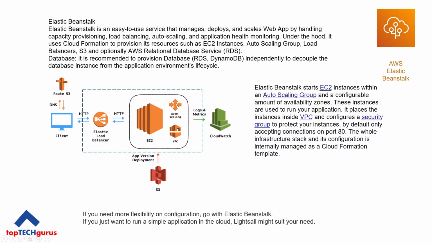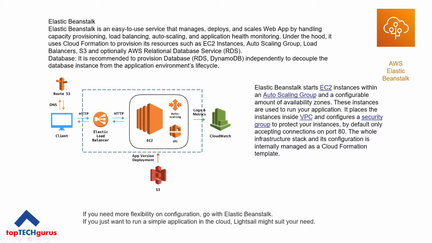It also sometimes uses S3 so that you can have a copy of your application, and optionally an RDS database that you can connect to as well. And the VPC is set up such that it accepts connections on port 80. That's the default setup.